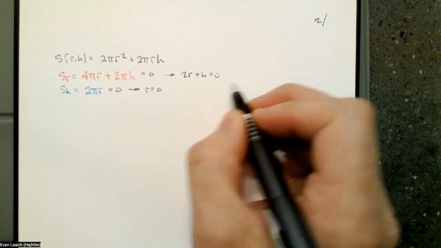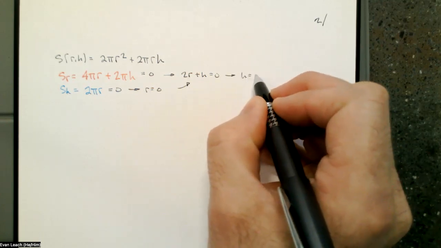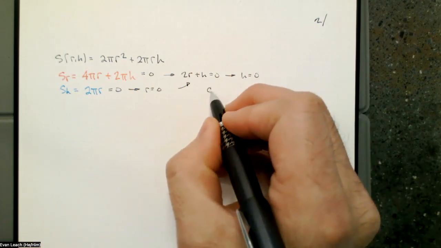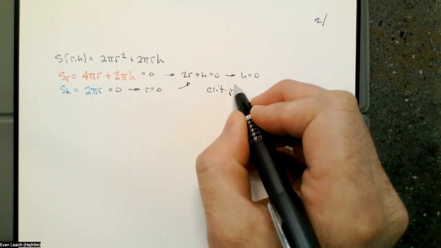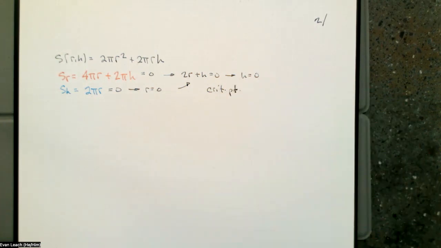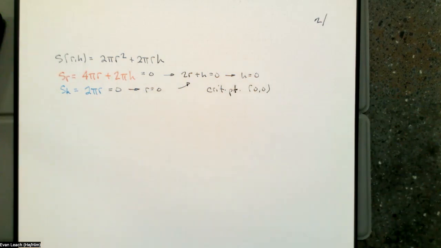So if R is equal to 0, H equals 0, we get a critical point. We get a critical point of 0, 0. And because of the geometry of the problem, we know this is going to be a minimum.